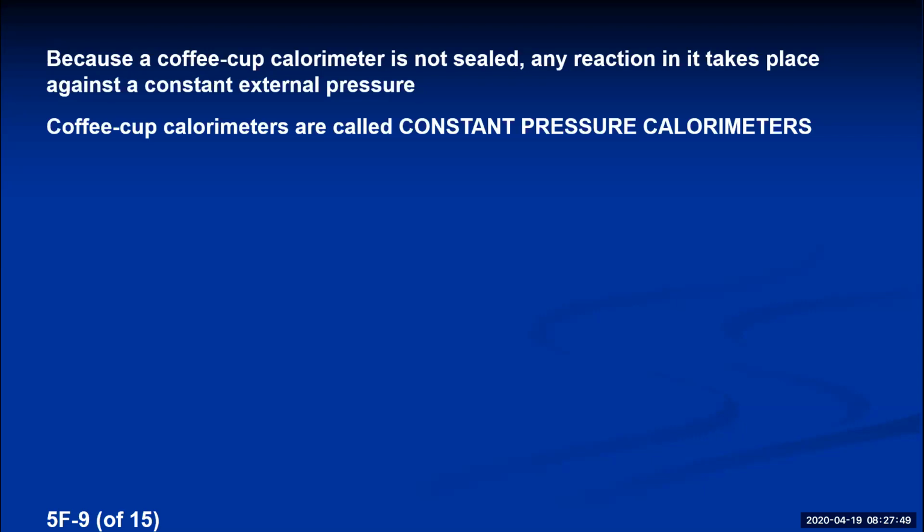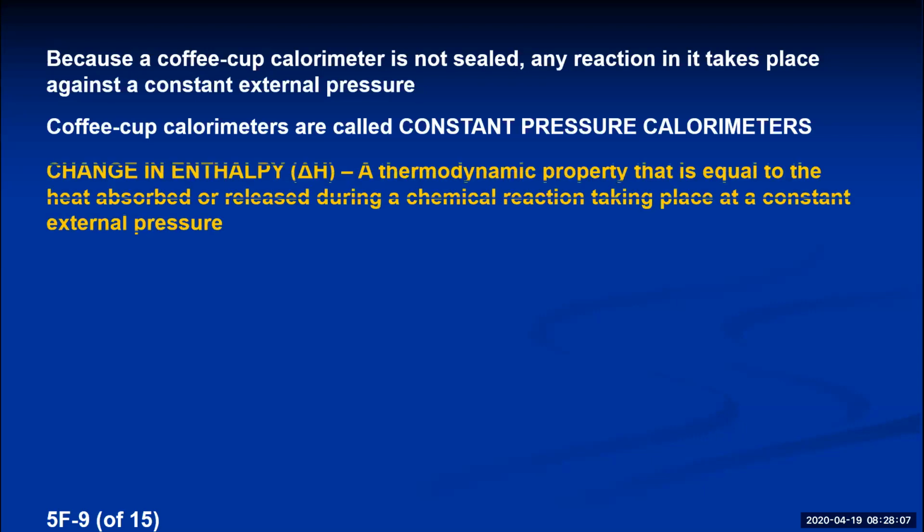There is a function that's been developed in thermodynamics or in thermochemistry. It's called the change in enthalpy of a process. And this is a thermodynamic property that actually exactly equals the amount of heat given off or absorbed when a process occurs under constant pressure.